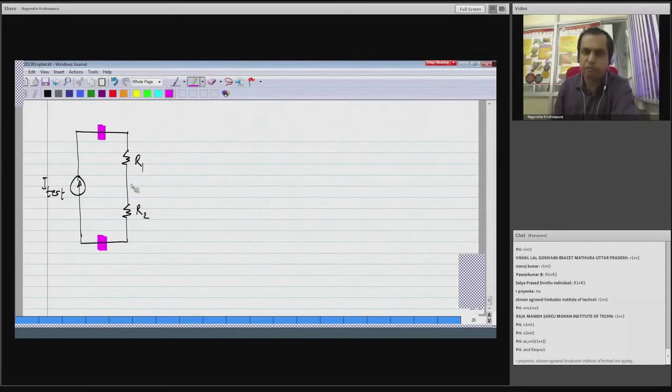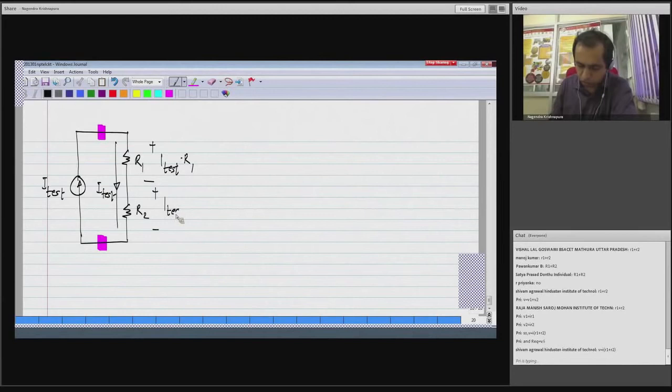We don't have nodes with more than 2 branches, so there is no other place for the current to go. So a current I test flows here. And if a current I test is flowing through R1, it will have a voltage I test times R1. Current I test is flowing through R2. It will have a voltage of I test times R2.